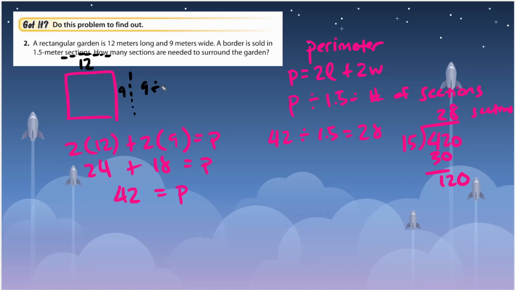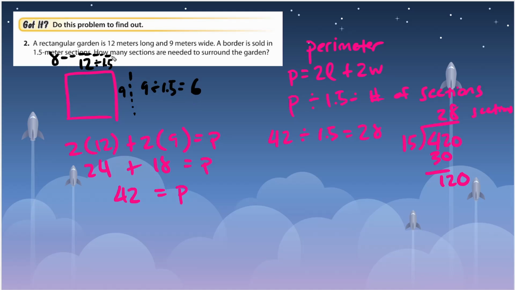9 divided by 1.5 is, let's see, 2 times is 3, 6 times. And then how many into 12? 12 is 8. So 8 sections will go into this side. What I did is I divided 12 by 1.5 to get 8, and then 9 by 1.5 to get 6.